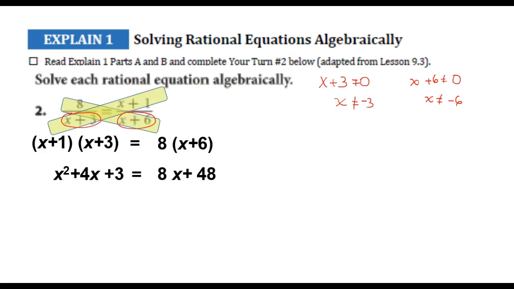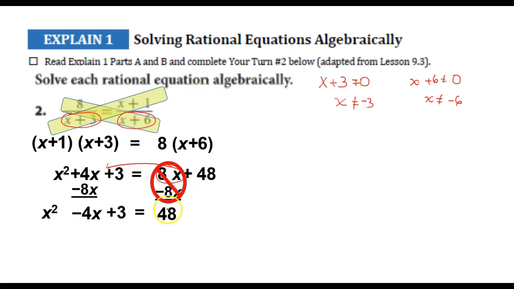What we're going to do to continue to solve this is we're going to move that 8x over to the other side by doing the opposite, which is to subtract 8x. And I'm left with 48 now on this side, and x squared minus 4x plus 3.